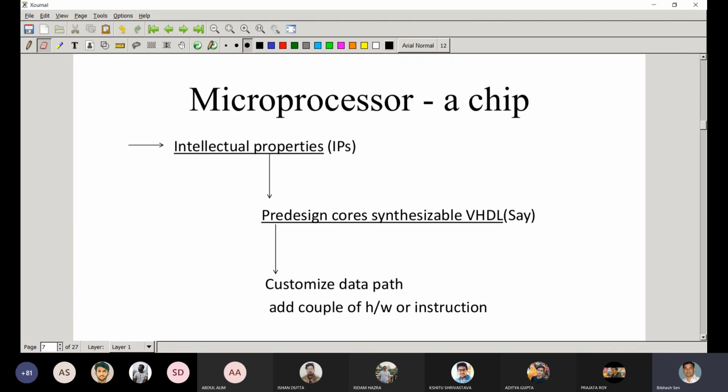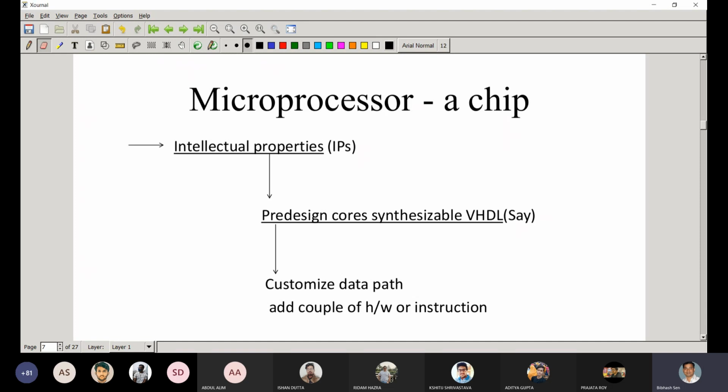Mostly you will find it in the microcontroller industry, because different microcontrollers are used based on the application. Instead of fabricating the entire microcontroller, based on the application they design that processing unit, the microcontroller bit. They call it an IP core, intellectual property.